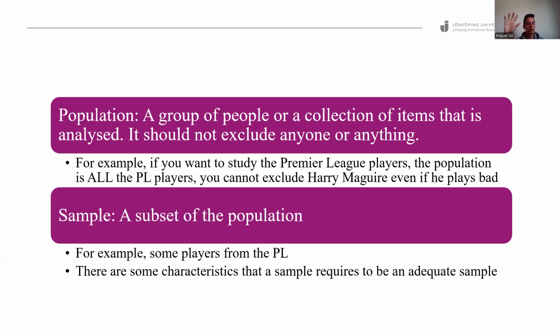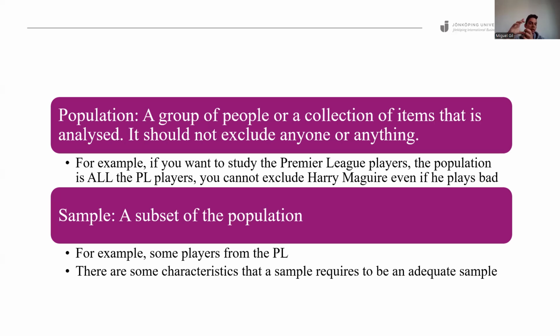For example, if you're studying accountants in Sweden, it's not a good practice to remove the accountants from Deloitte. You will need to have a very strong justification to do that. So generally, when we have a population, we try to be general in a way, but with certain limitations that you can add. And then the other concept is the sample.